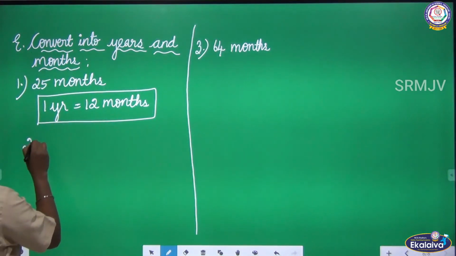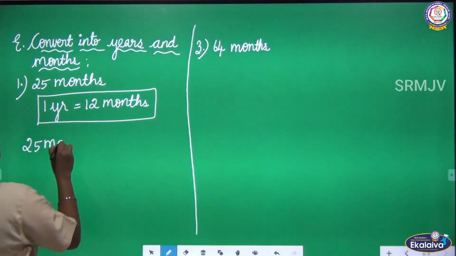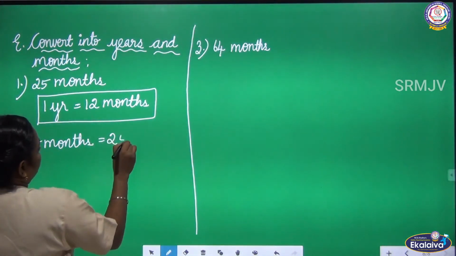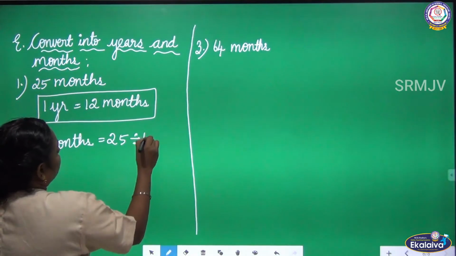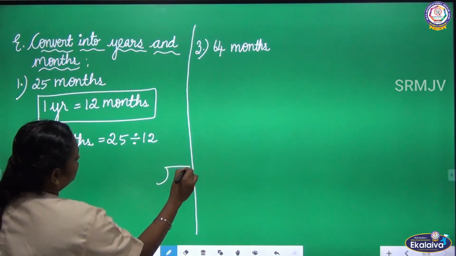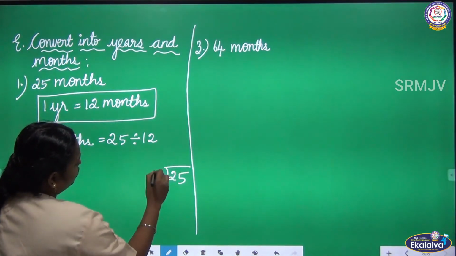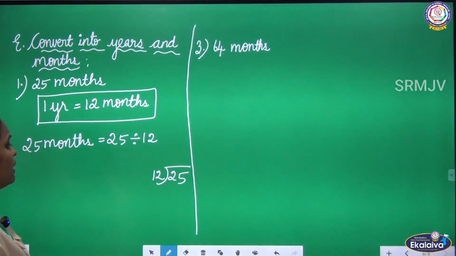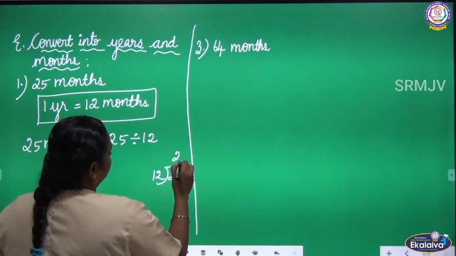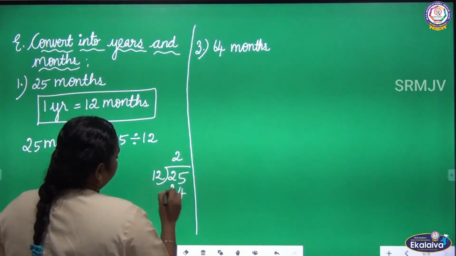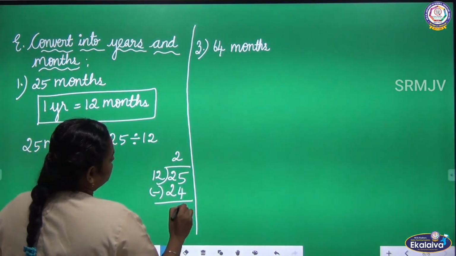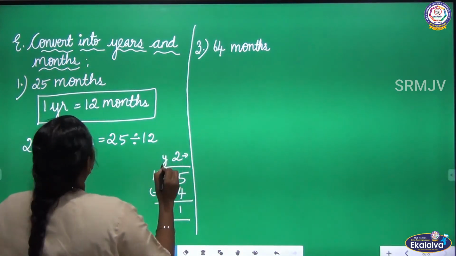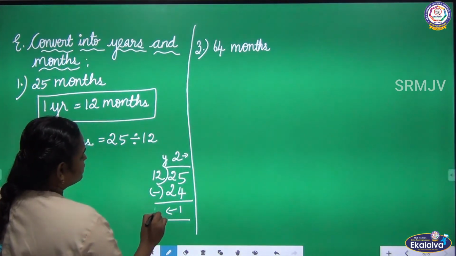So 25 months equal to 25 divided by 12. So if you divide by 12, how many times in 12 table? 12 ones are 12, 12 twos are 24. So subtract, 5 minus 4 is 1. So the quotient is years and then the remainder is month.